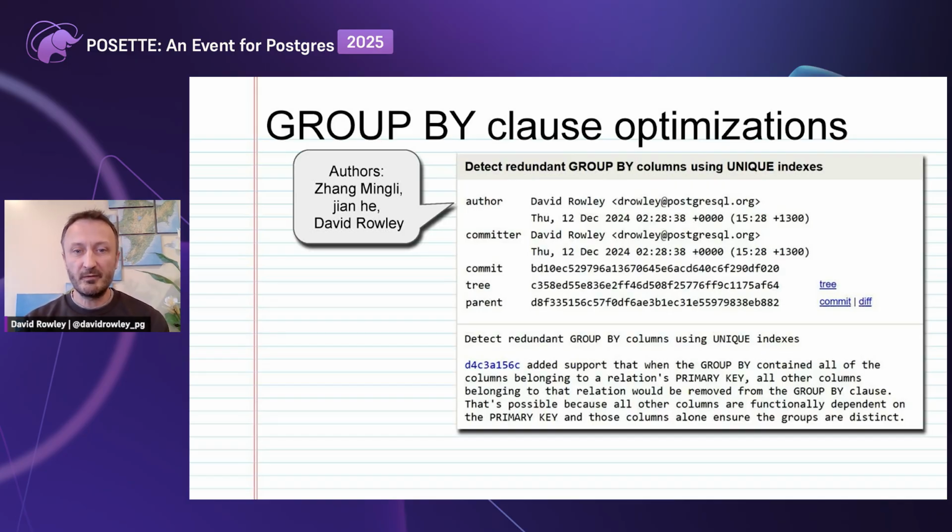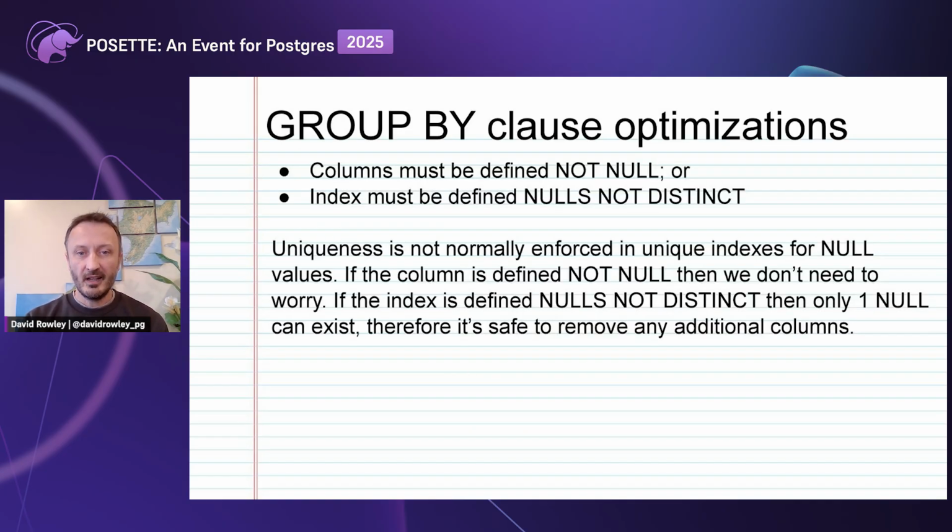So this change expands on that to allow the same to work for unique indexes. And there are a couple of things that need to be met before that can be allowed. There has to be a not null constraint on the column that is in the unique index.